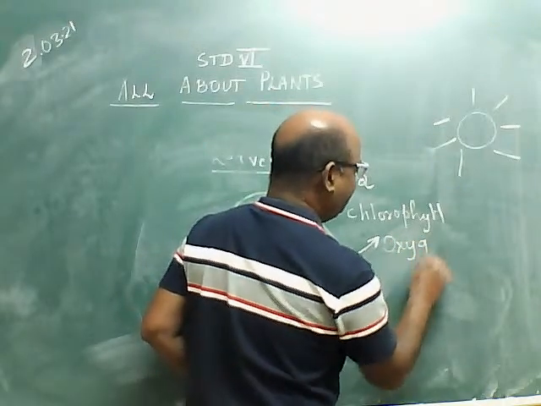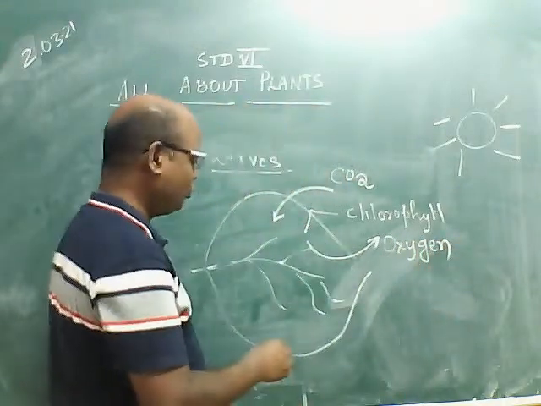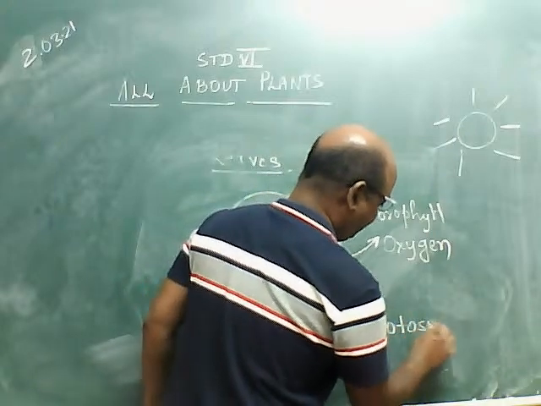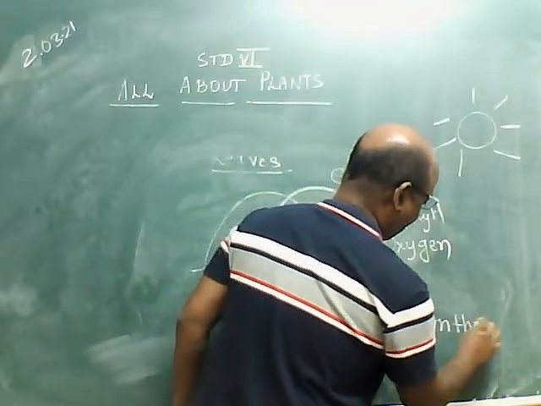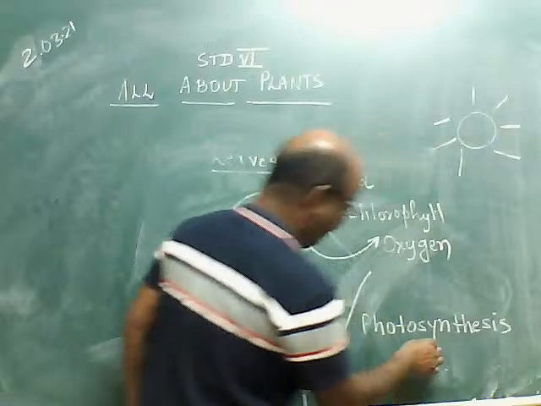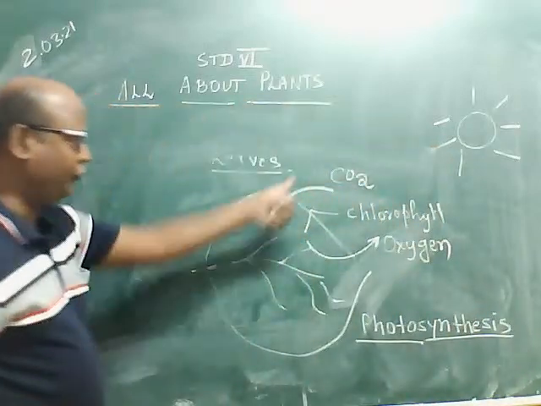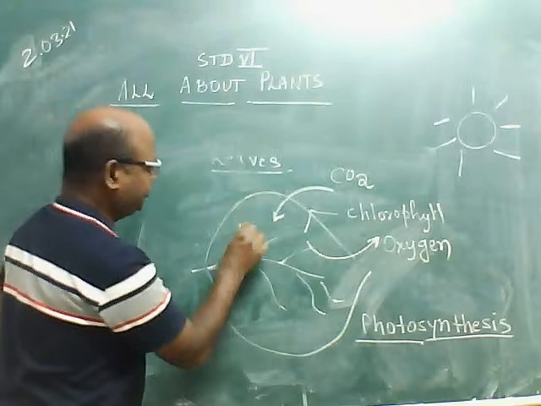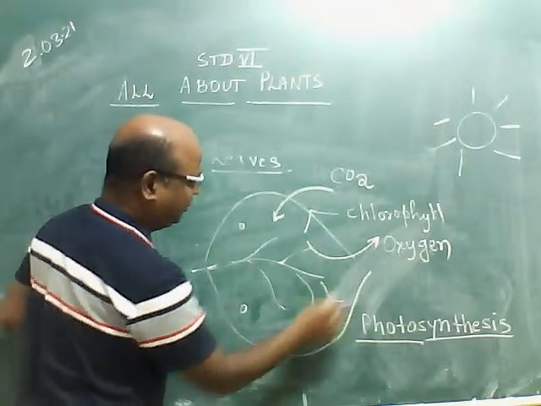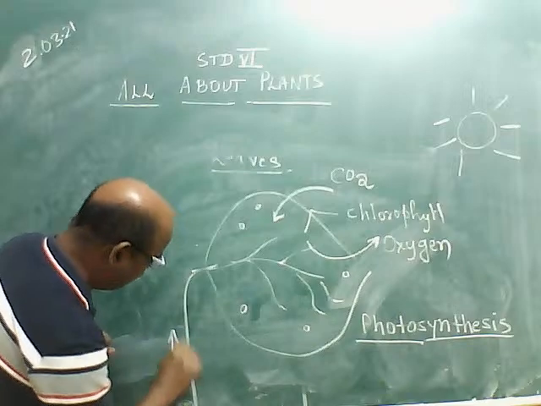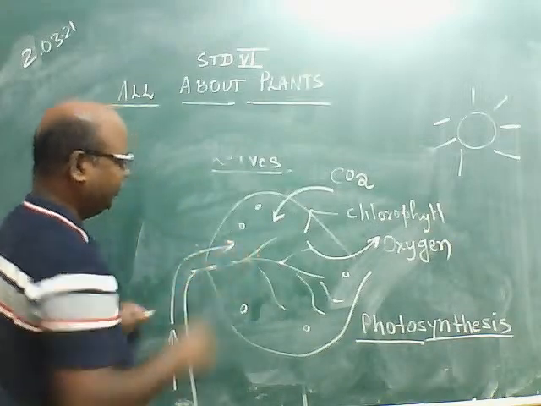The life-giving process, that is photosynthesis, you studied and we studied many times. Photo means light, synthesis means to prepare. They take in carbon dioxide from air, which enters through stomata present on the surface of the leaves, and take in water from the roots, which passes through xylem inside the leaf.